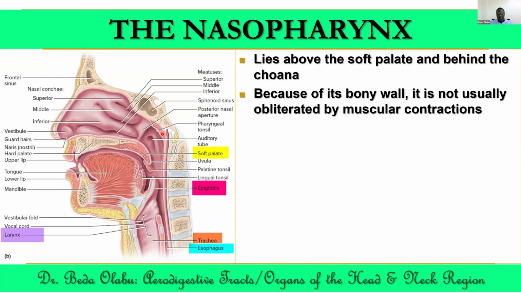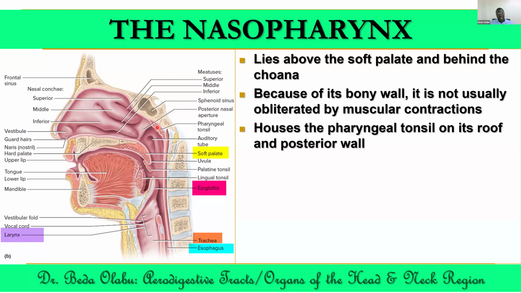And so you understand, therefore, that, for example, people who snore because of muscle relaxation of the pharynx, it will largely be a result of the relaxation that has affected either the oropharynx or the laryngopharynx, but not the nasopharynx. That does not mean that the nasopharynx cannot be obliterated. It can still be obliterated, except the obliteration is not necessarily because of muscular contractions. Could be because of something else, like perhaps the pharyngeal tonsils that you see there. We'll say something about it shortly.